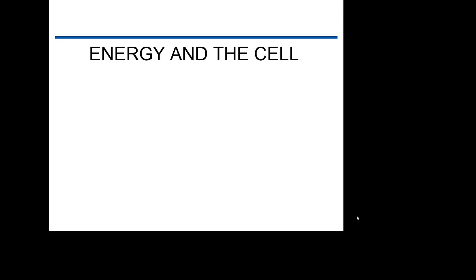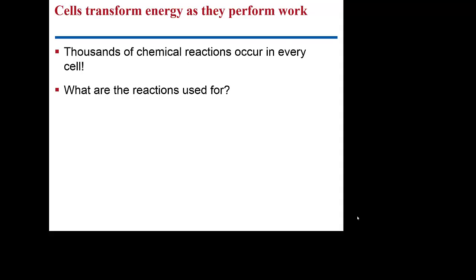But all of it is based in the idea that in our cells we have a lot going on and they all require energy. So all day long you are doing thousands of chemical reactions in every single cell in your body. And primarily they're used for maintenance. So building things, replacing organelles, making proteins, so on.